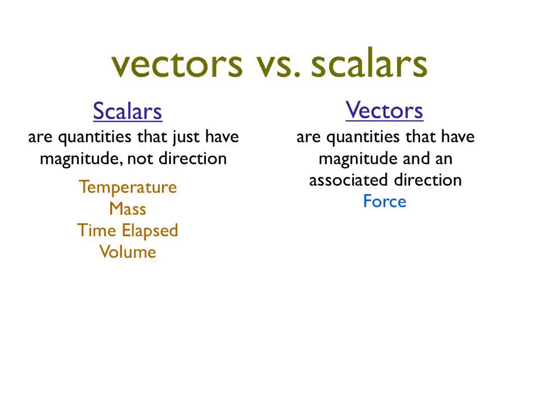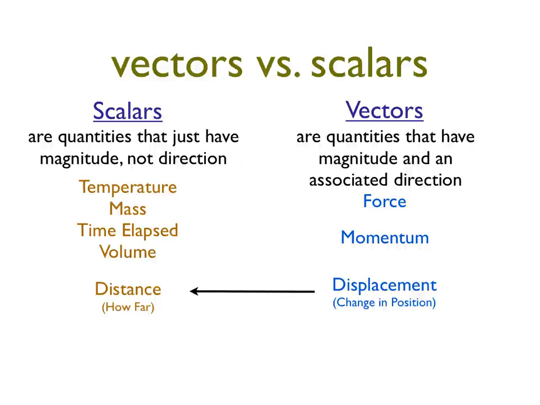Examples are force and momentum. But in terms of when we introduce vectors, the most common are displacement, which is a change in position. Just the magnitude part of displacement is a scalar: how far you go, distance.